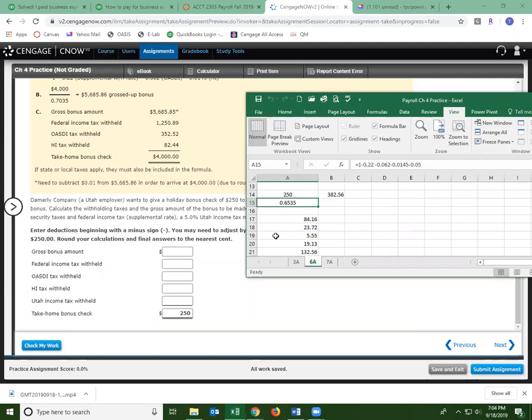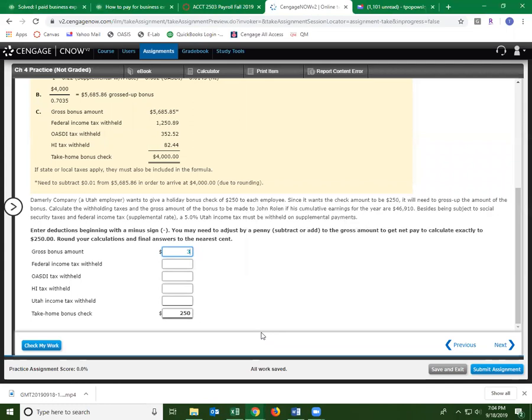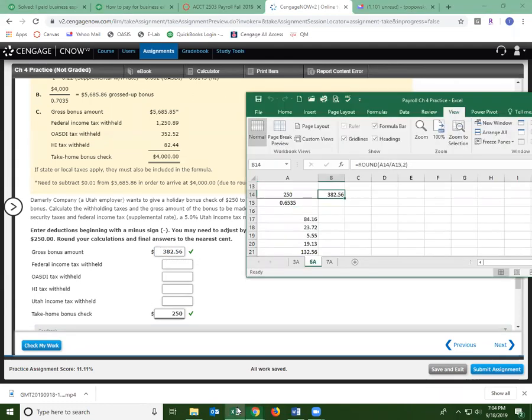So I take 1 minus all 4 of those withholdings to get 0.6535. So I take 250 divided by 0.6535, and you'll see I get a gross bonus amount of 382.56. Okay. So that's how much I'm going to make my gross bonus amount check.